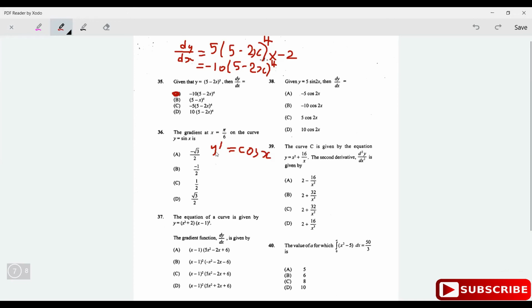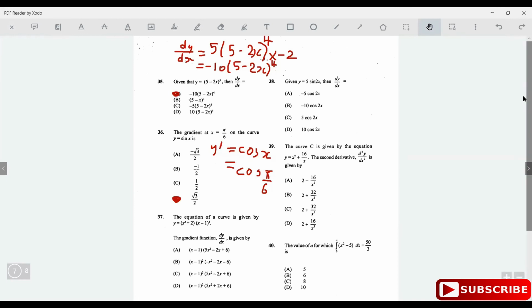But they want the differential when x is pi by 6, so it's going to be the cos of pi by 6. The cosine of pi by 6 is root 3 over 2. That's the gradient. Nice.